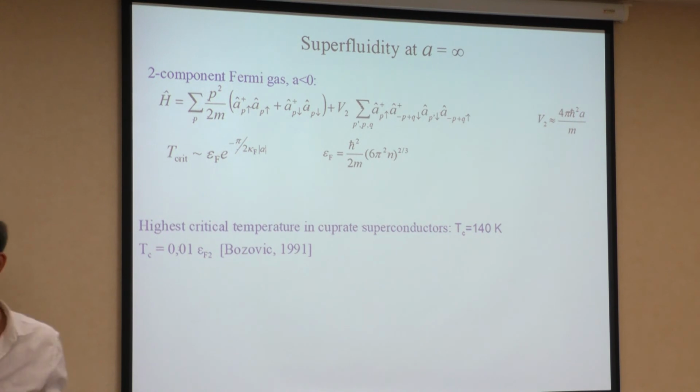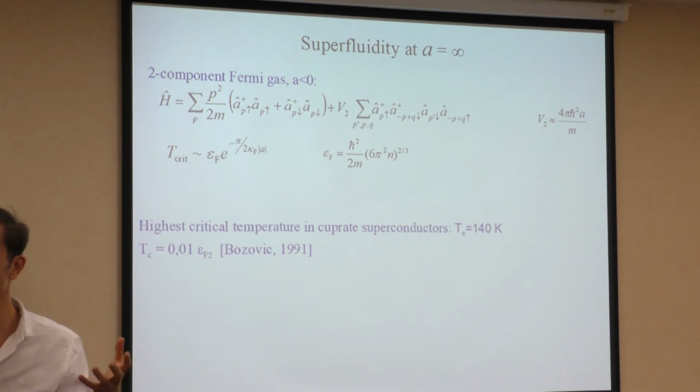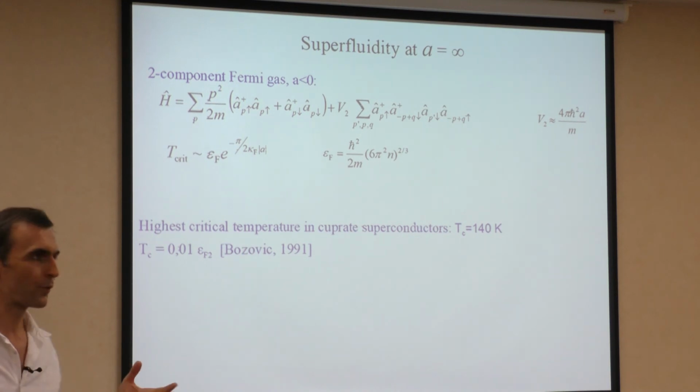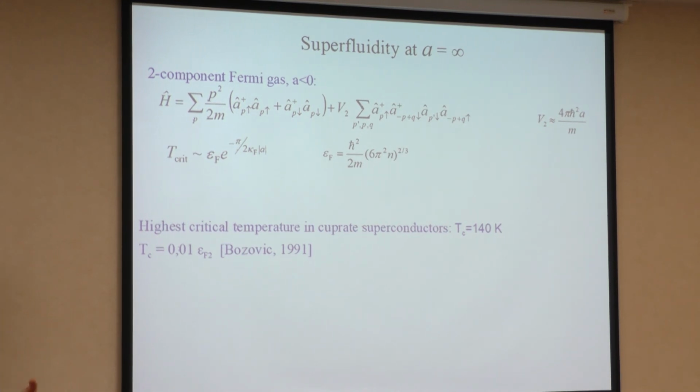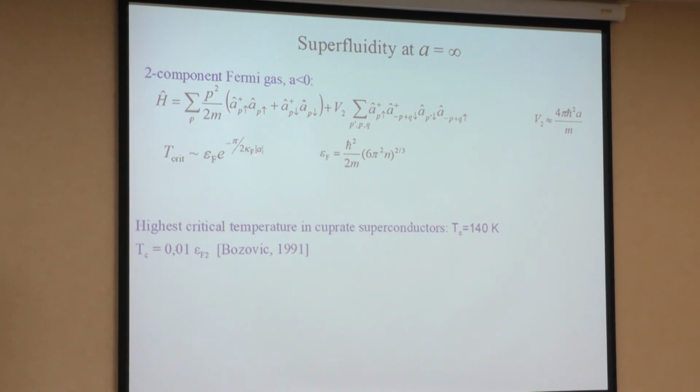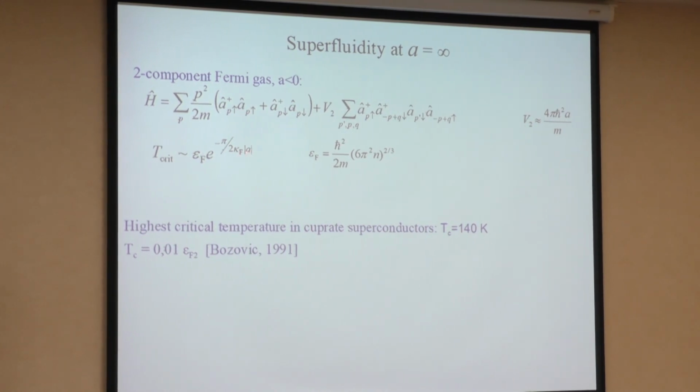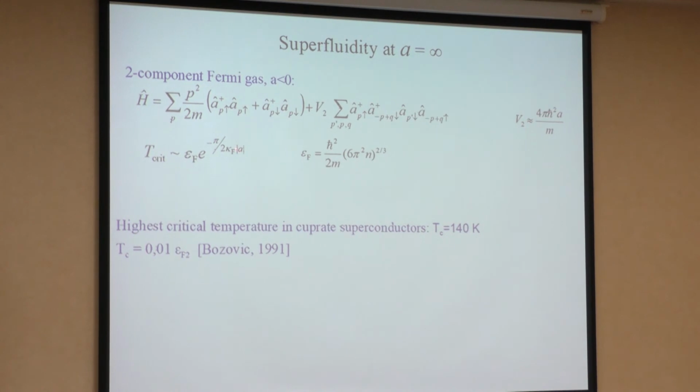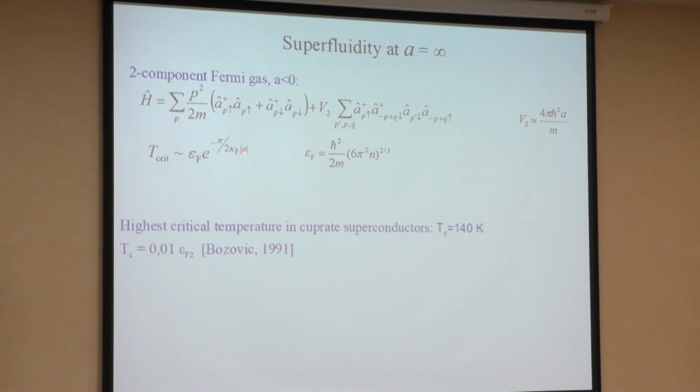The order of magnitude for the critical temperature for superconductivity, or for superfluidity if there is no charge, is exponential in the k_F a parameter. But if you set a to infinity, then you may see that the critical temperature for superfluidity is on the order of the Fermi energy.